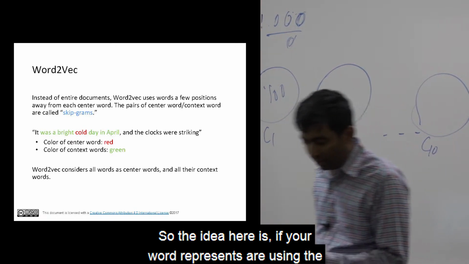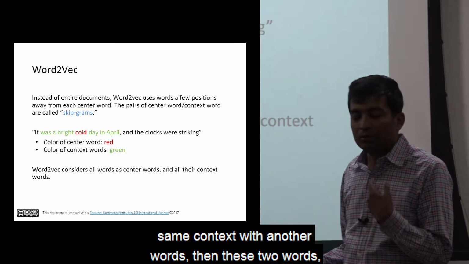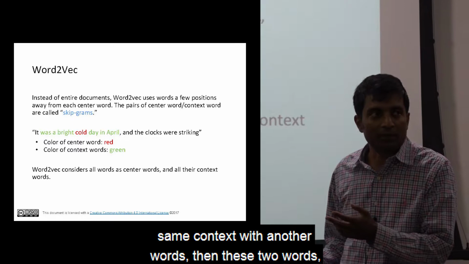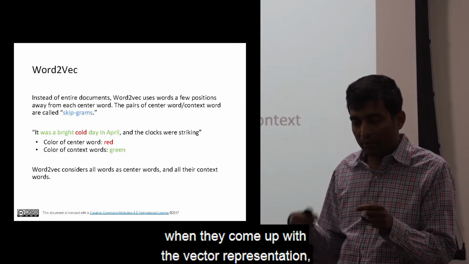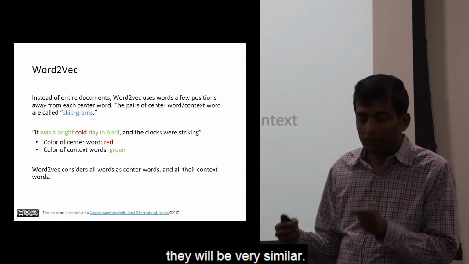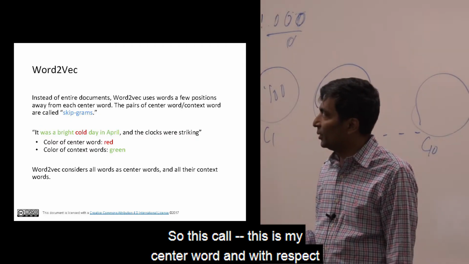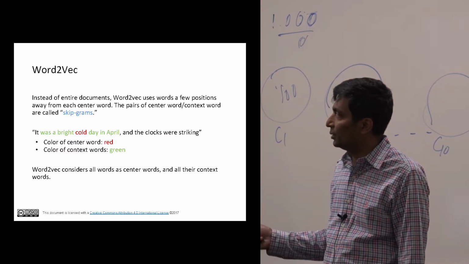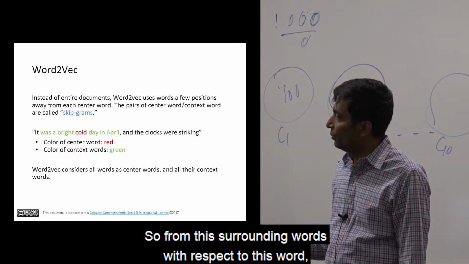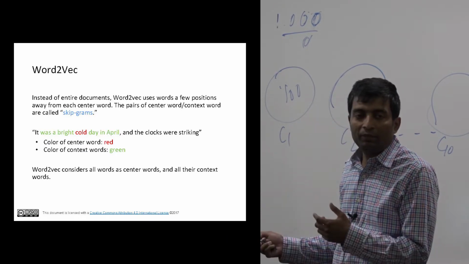So the idea here is, if a word is used in the same context as another word, then when they come up with the vector representation, these two words will be very similar. So this is my center word, and with respect to it, these are my surrounding words. From these surrounding words, I will end up with a vector representation.